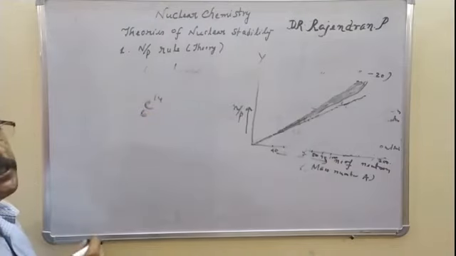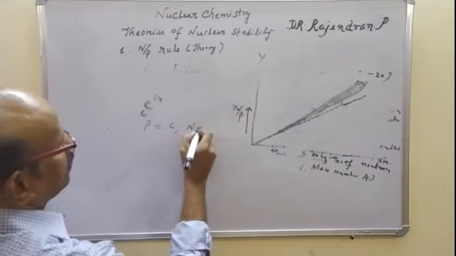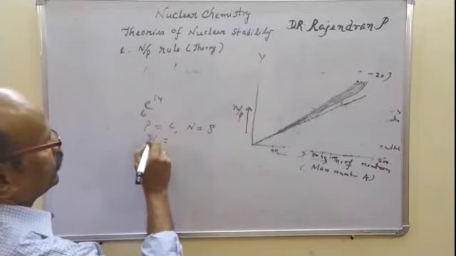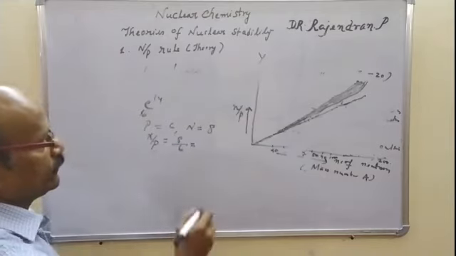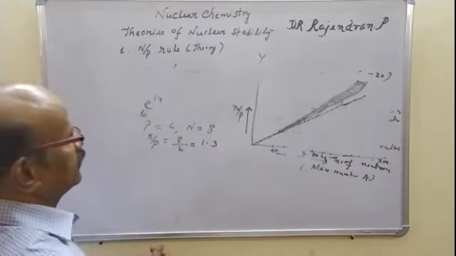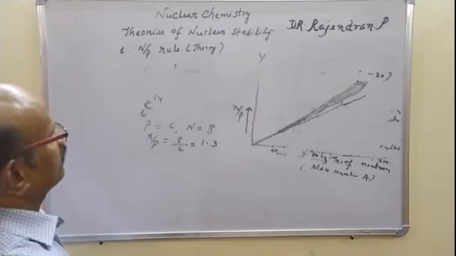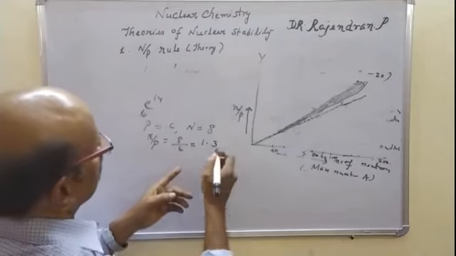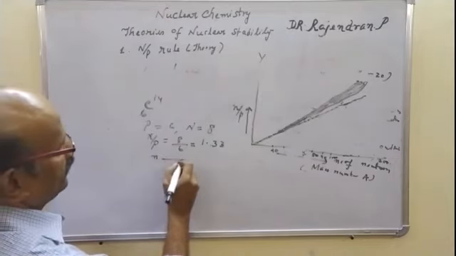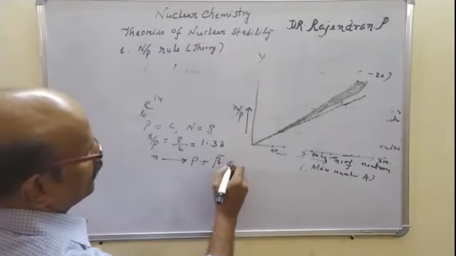Carbon-14 is radioactive because of its N by P ratio: carbon has 6 protons, but the neutron number is 8. So the N by P ratio is 8 by 6, that is 1.33. It is beta active: one neutron disintegrates to a proton plus a beta particle plus a neutrino.